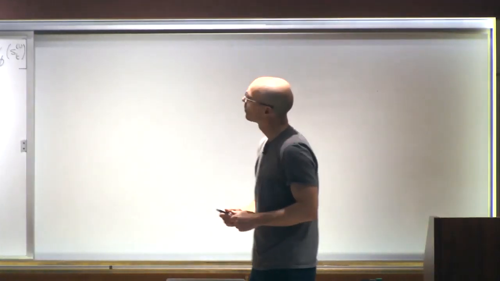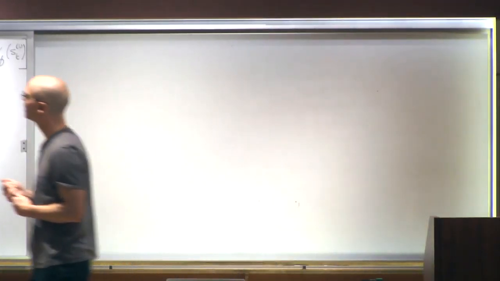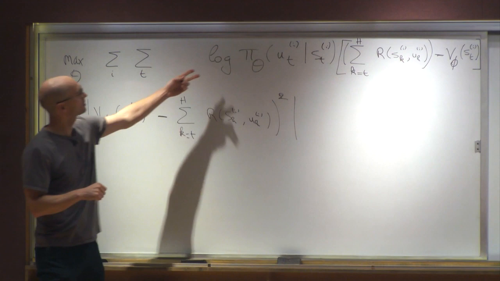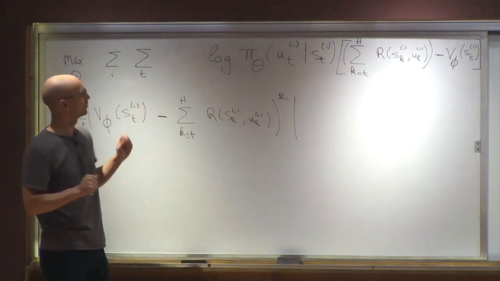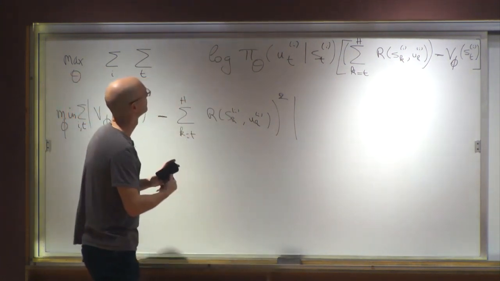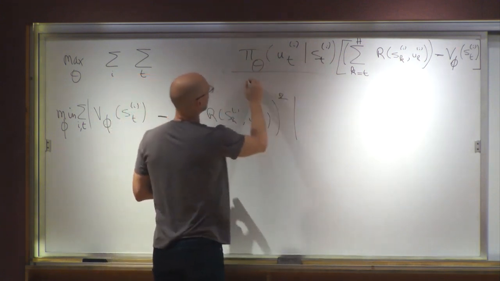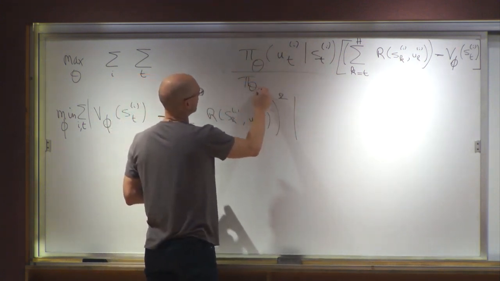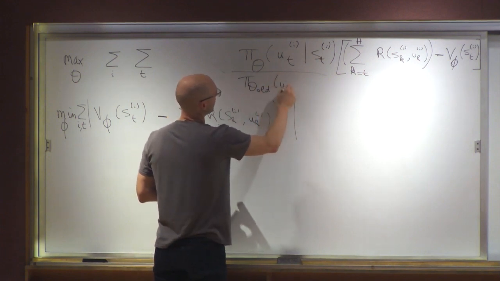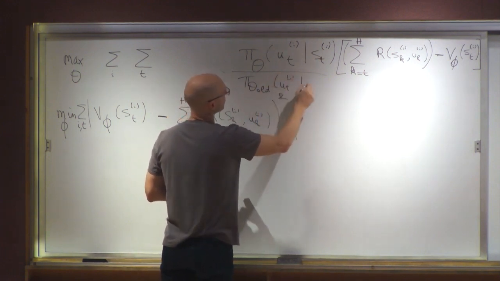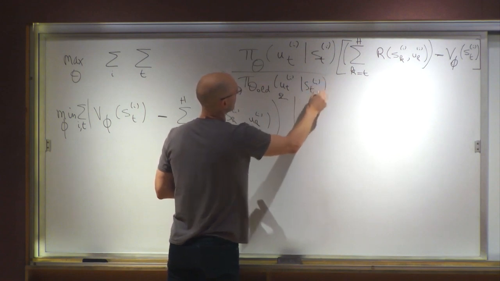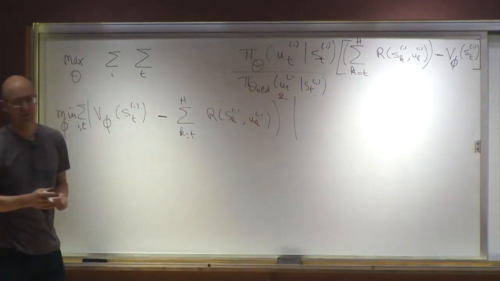Okay, and then maybe one extra thing that's worth noting: we saw an alternative derivation of the policy gradient where, instead of having this as our objective here, we could also have this ratio, the importance ratio, pi theta over pi theta old.